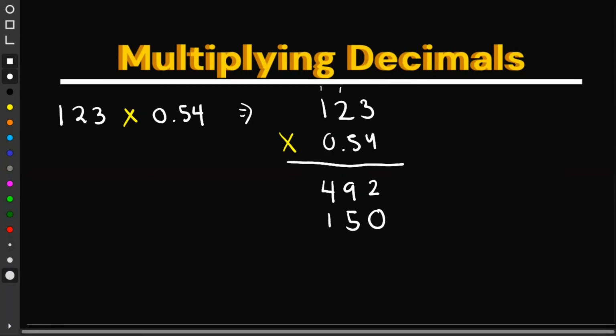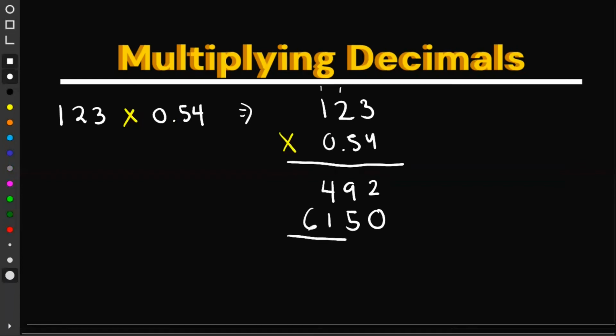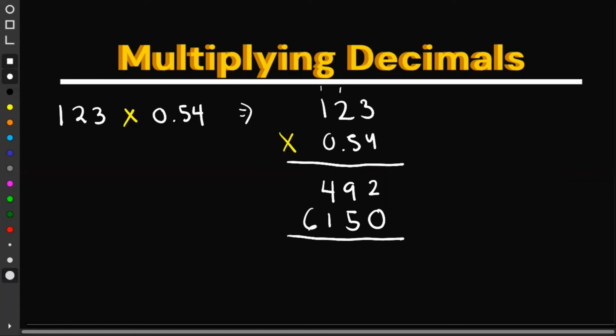And 5 times 1 would give us 5, plus 1, which is 6. So adding these two would give us 2 plus 0 is 2. 9 plus 5 is 14. 1 plus 4 is 5 plus 1, 6, and 6.